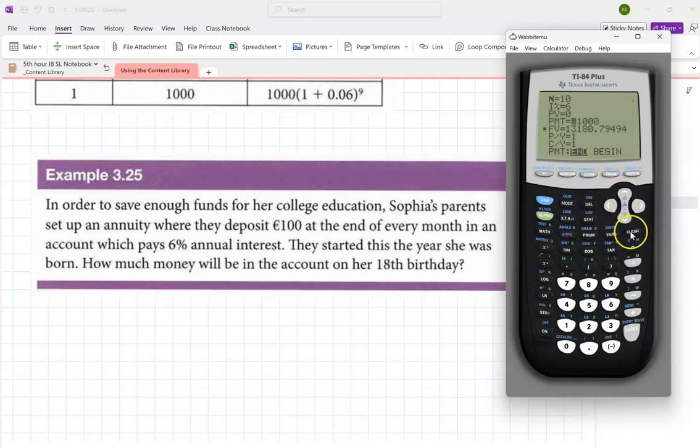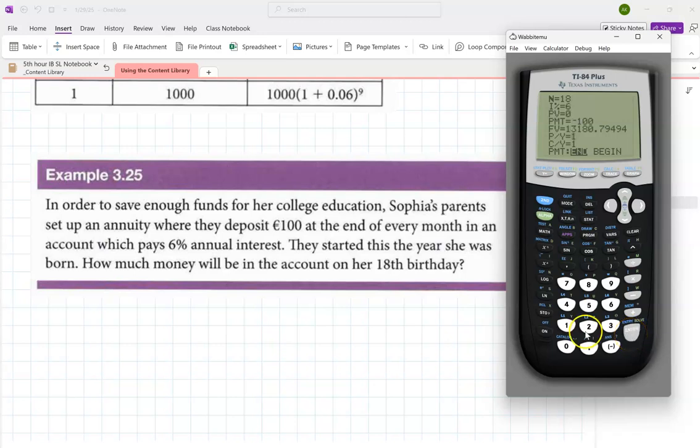So that payment, I'm going to make negative $100 into an account that pays 6% annual interest. So interest should be 6%. They started the year she was born. How much money will they have on her 18th birthday? So I'll make N 18.